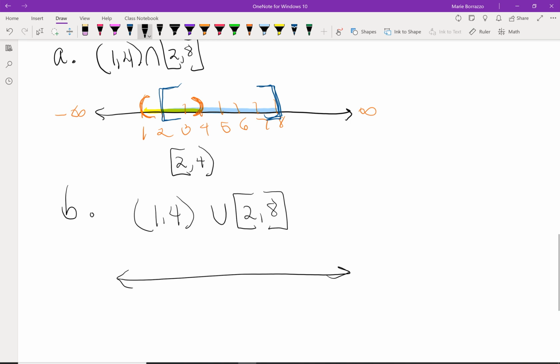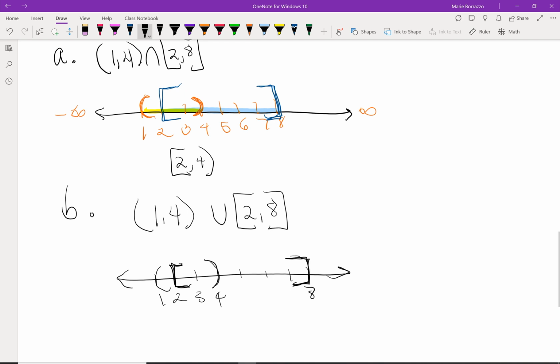We're still going to diagram accordingly. So we're going to begin with our 1, 4. So 1, 2, 3, 4, 5, 6, 7, 8. Here's our 1, 4 interval. And here's our 2, 8 interval. Here's the 8 over here.